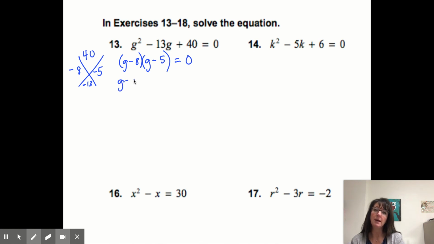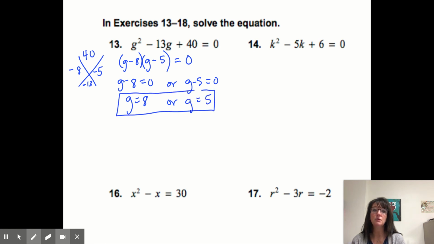So g minus 8 equals 0, or g minus 5 equals 0. So again, we're adding 8 to both sides. So g is either equal to 8, or adding 5 to both sides, g is equal to 5. And so those are going to be the two situations that would make this equation true.